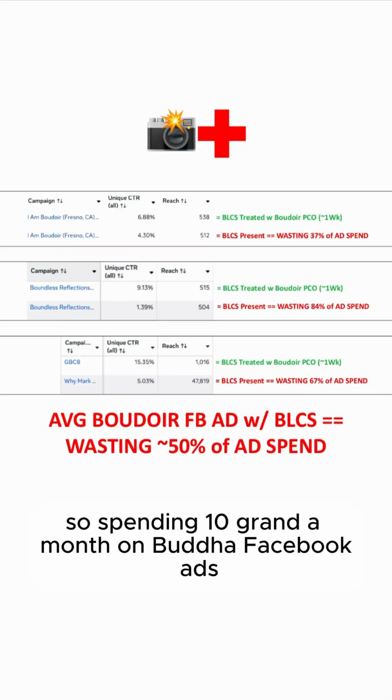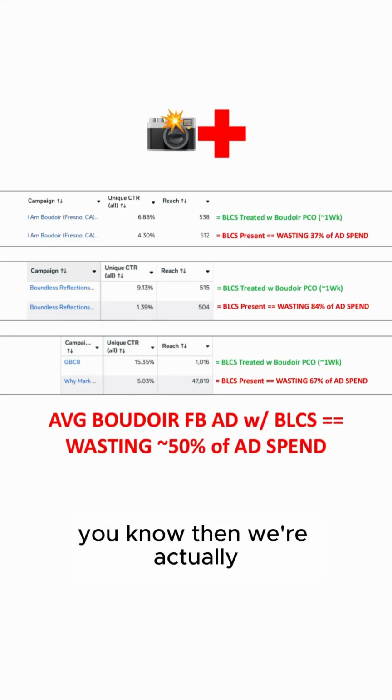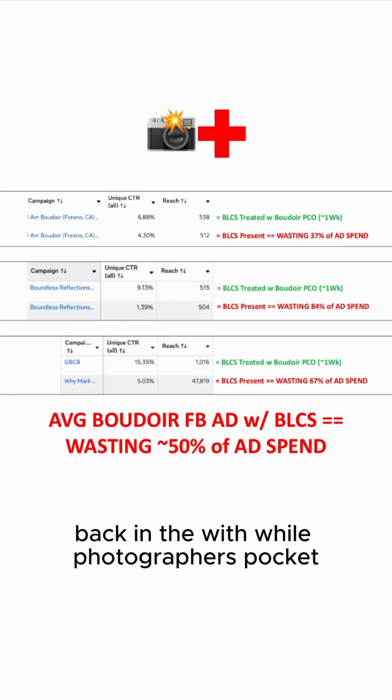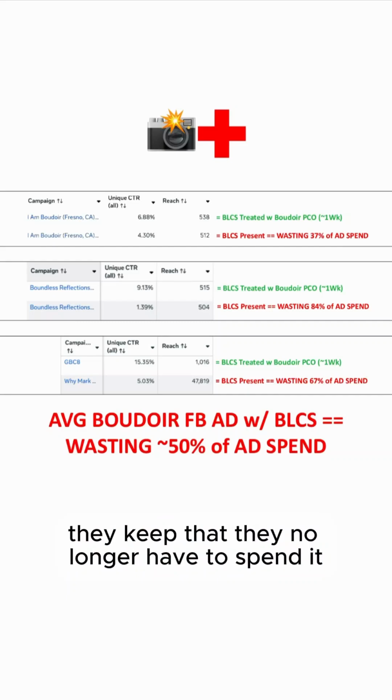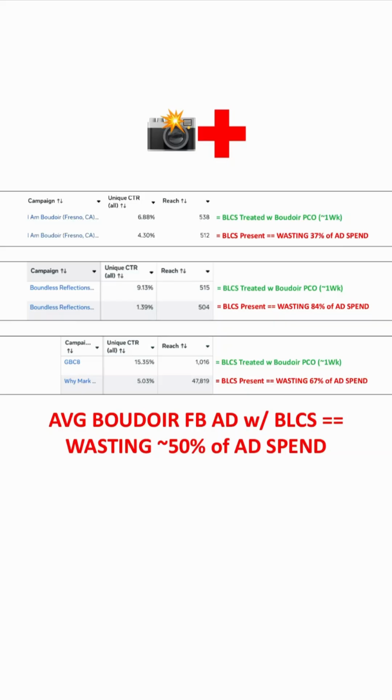So spending 10 grand a month on Boudoir Facebook ads, we're actually eliminating approximately 5K every single month back in the Boudoir photographer's pocket. They keep that, they no longer have to spend it. And it's approximately 60K in the next year.